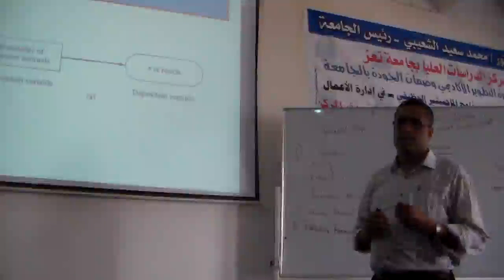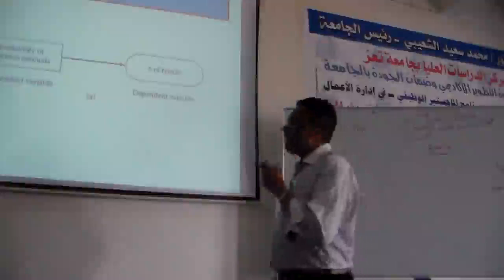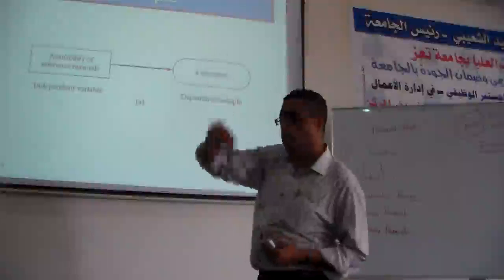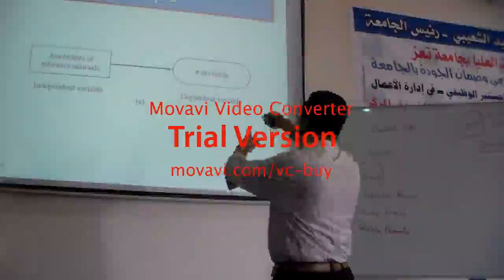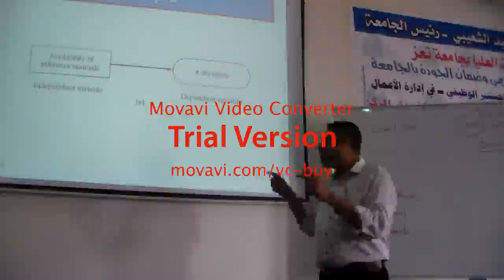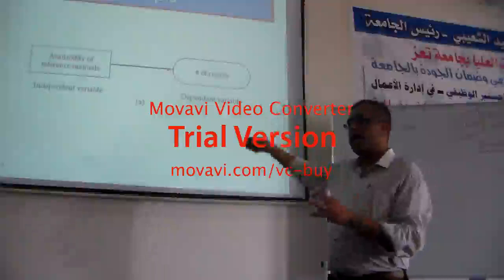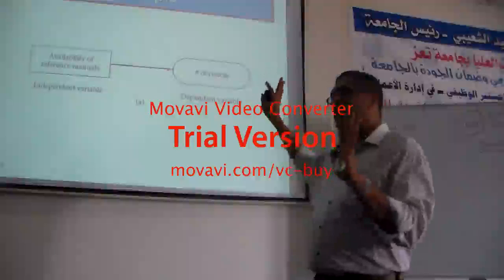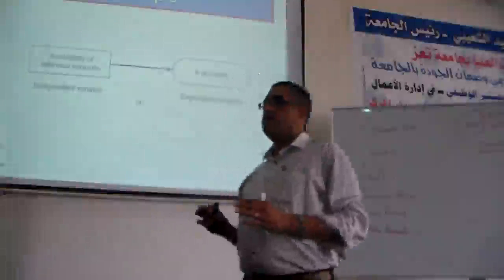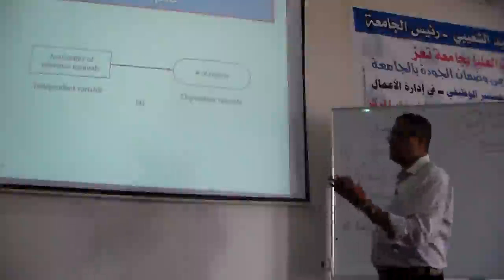What's the type of relation between them? The relation is the availability of the reference manual. If the person looks in the manual, then of course the product will be okay, and the number of rejects will be less. We will not reject it. They are related.